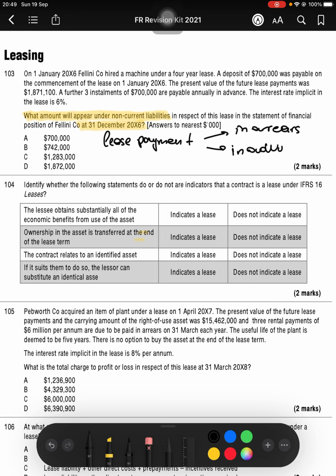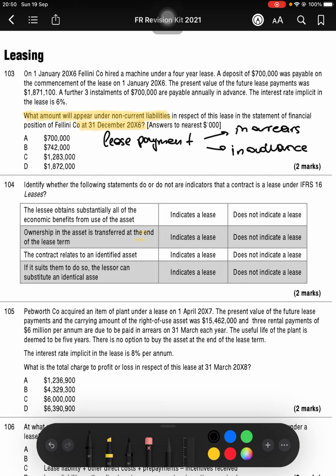Why should we distinguish these two types of payment method? Because if we are paying our lease payments in advance, then the annual payments that we generate year on year are basically our current liabilities.